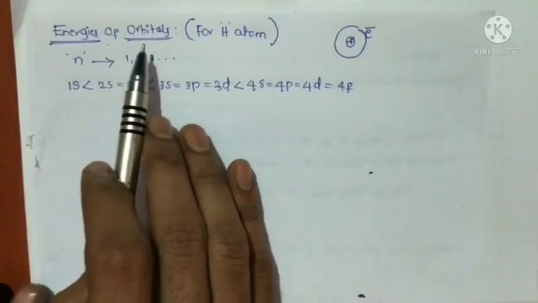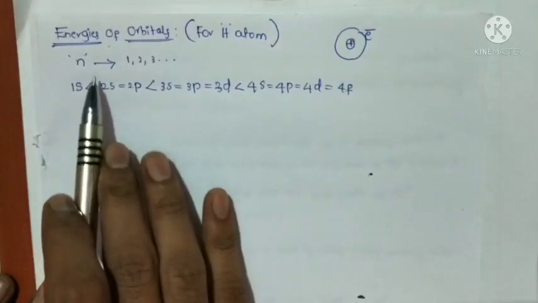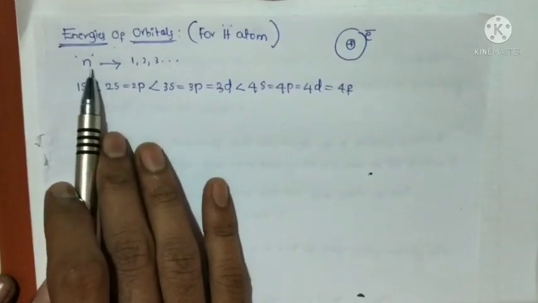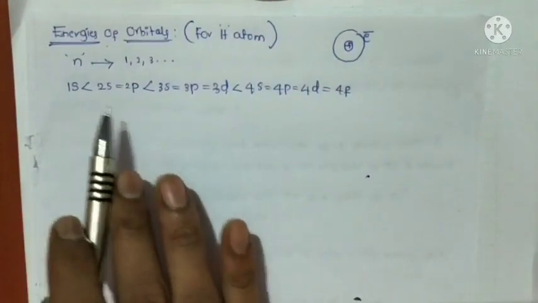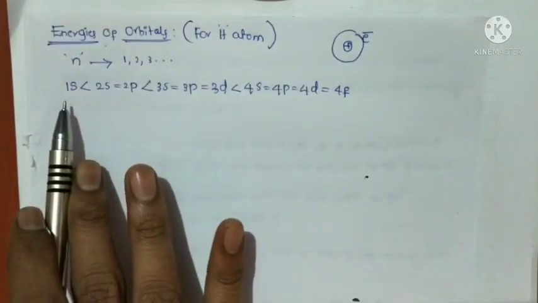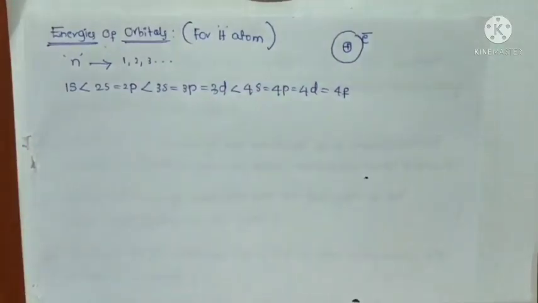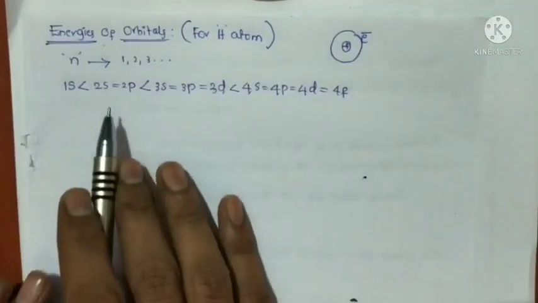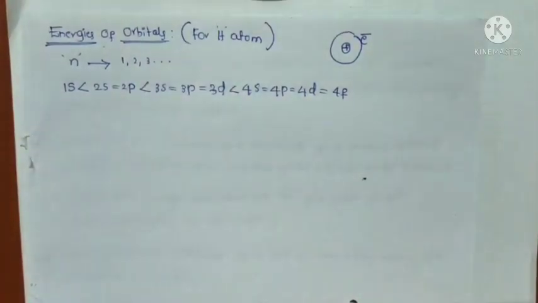That's why orbital energies depend only upon the n value, that is the principal quantum number value. Here we will see the increasing order of orbital energies: 1s is less than 2s, which is exactly equal to 2p. This is applicable only for a one electron system, that is the hydrogen atom.